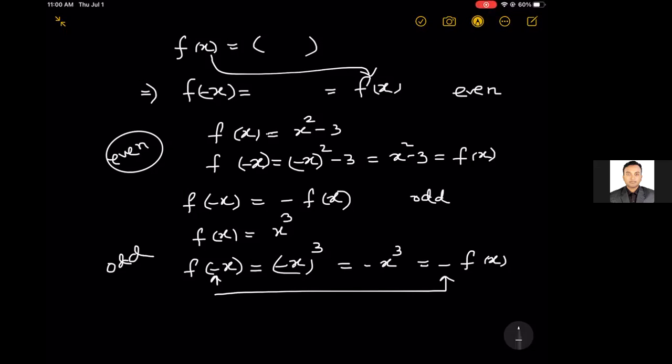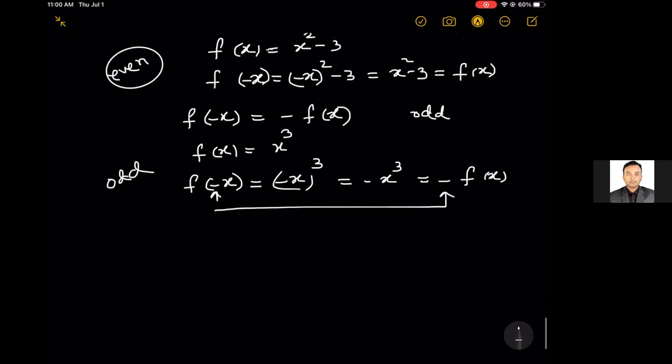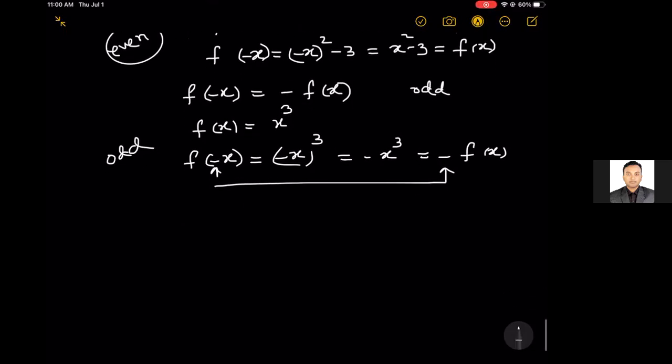So if we have even or odd functions, we can actually use a property. If you're integrating a function from negative a to a, and if your function is even, then instead you can write it like this.